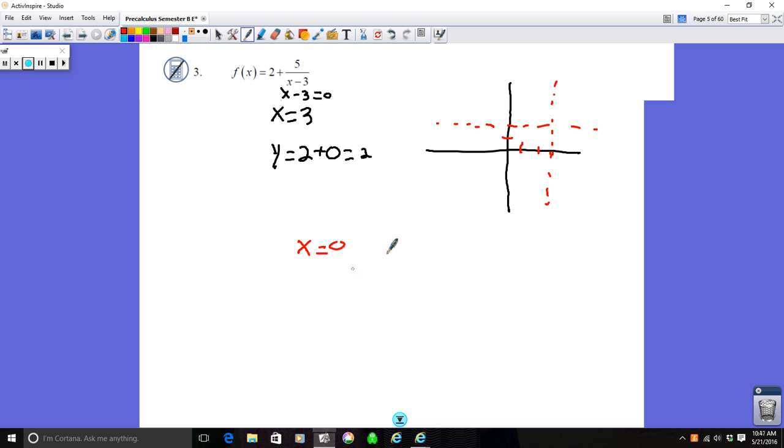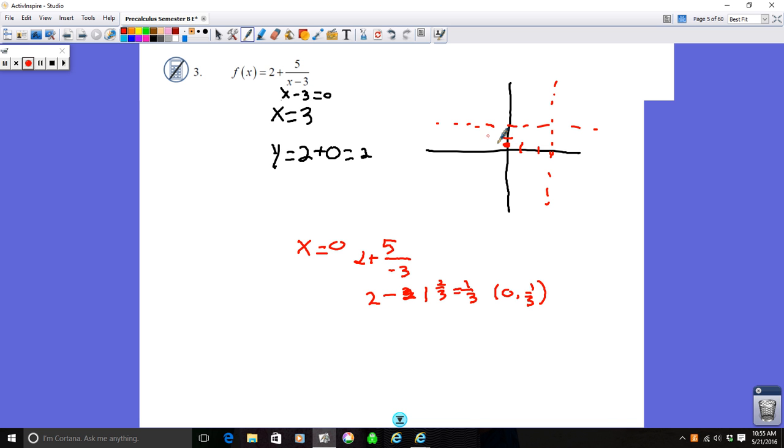And so this is going to be 2 plus 5 over negative 3. So that's 2 minus 1 2/3, which is just 1/3. So 0, 1/3 is the y-intercept.